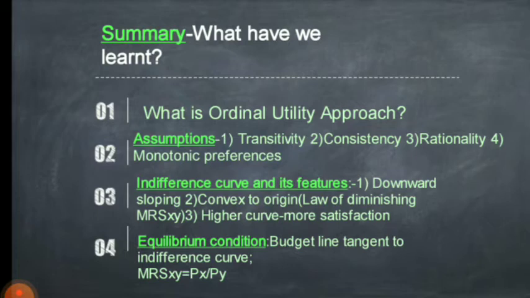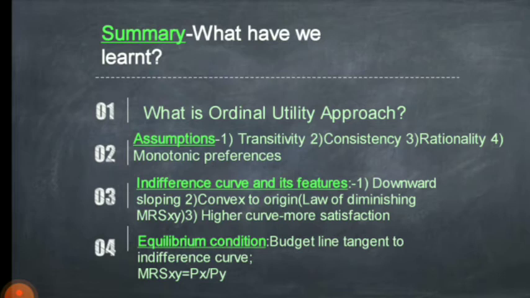Then we came to the indifference curve. What is this curve? It shows the possible combinations of two goods which yield the same level of satisfaction to the consumer. Its properties are, it is downward sloping, a higher indifference curve means higher level of satisfaction, and it is convex to the origin due to the law of diminishing MRS XY.